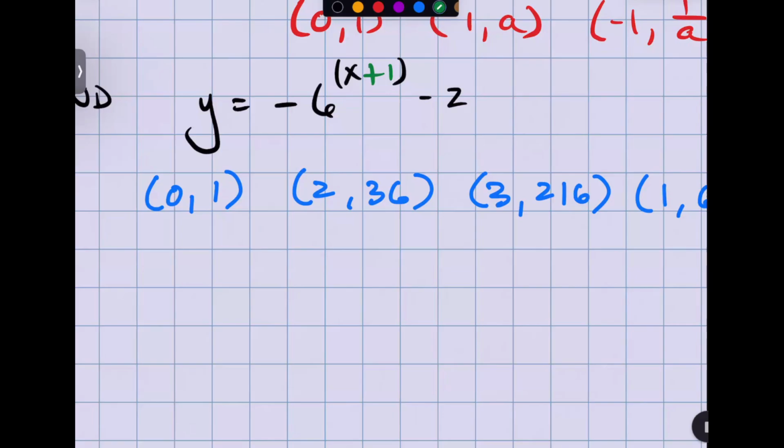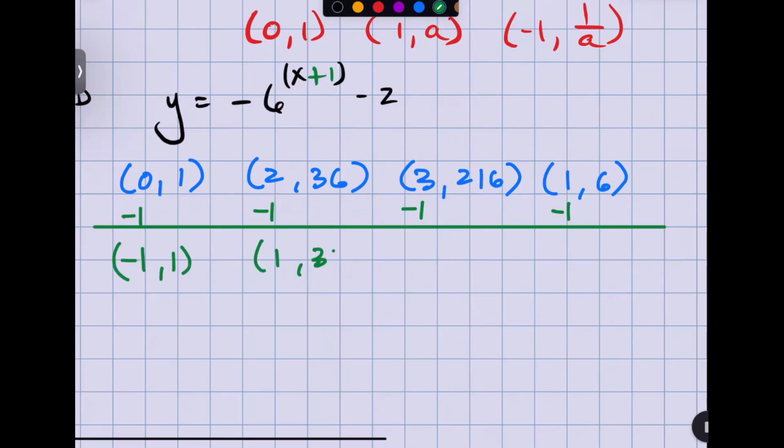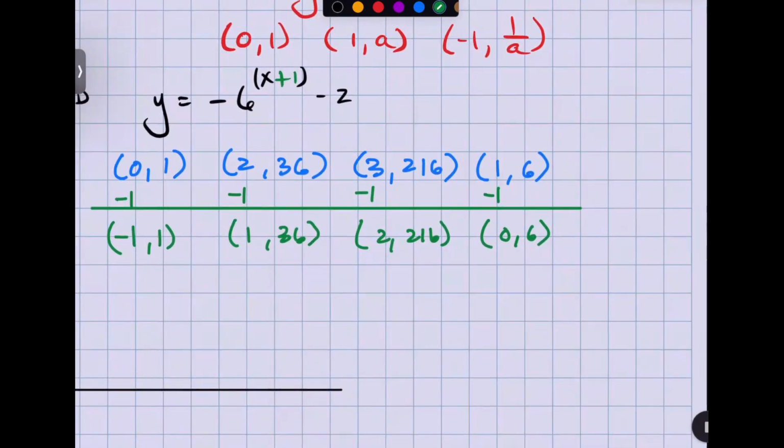I got to subtract 1 from what value? And I'll get 4 brand new points. And what happens when I do that? When I subtract 1 from the x value?